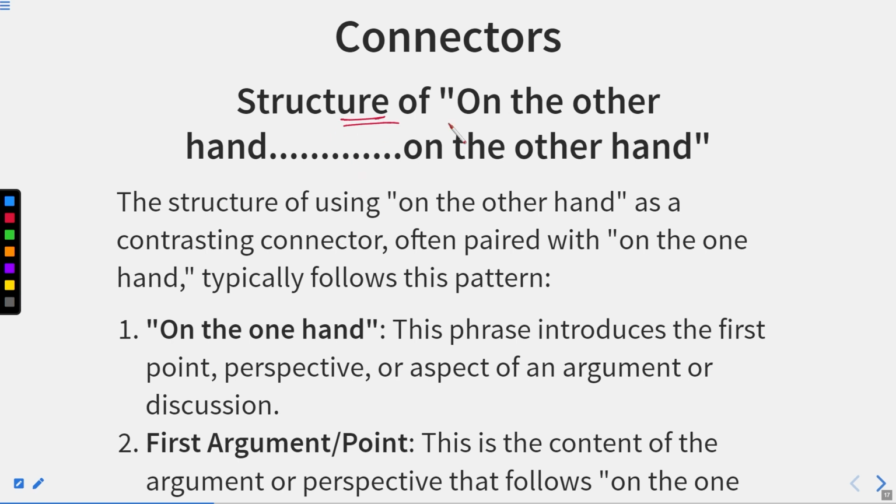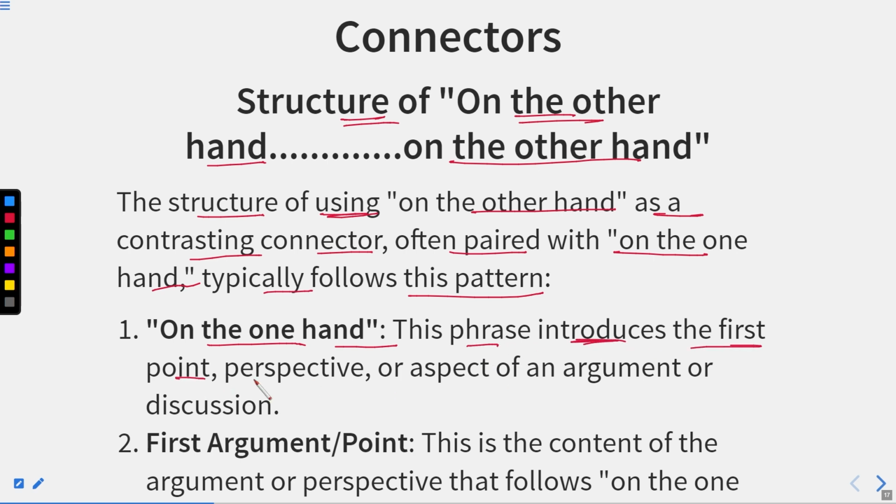Now we'll discuss the structure of "on the one hand, on the other hand." The structure of using "on the other hand" as a contrasting connector is often paired with "on the one hand" and typically follows this pattern. First of all, we'll have the "on the one hand" clause. This phrase introduces the first point, perspective, or aspect of an argument or discussion.